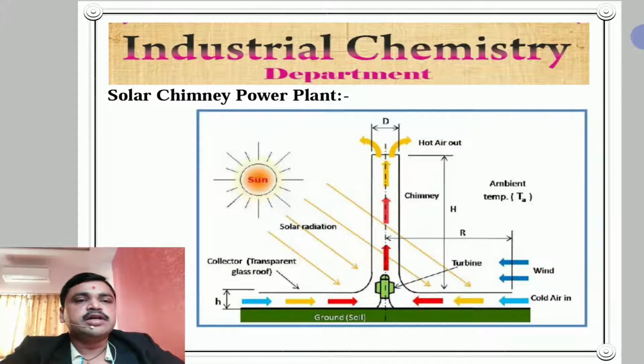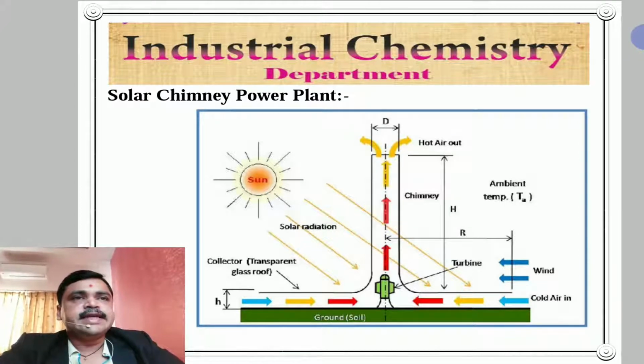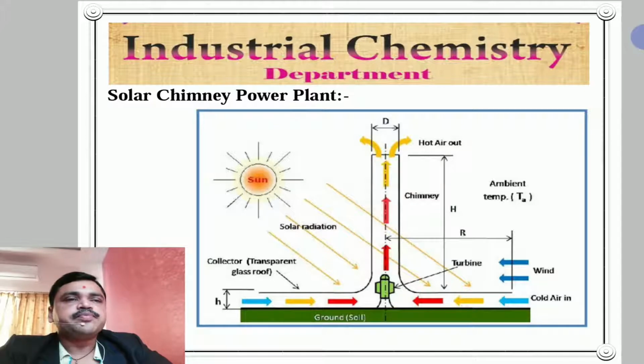You can see the figure. This greenhouse consists of a transparent cover supported a few meters above the ground by a metal frame.